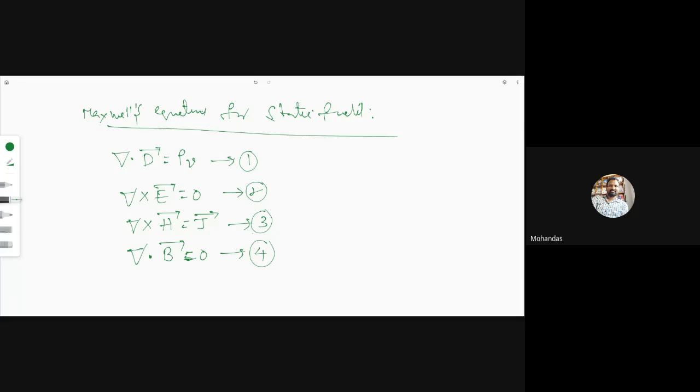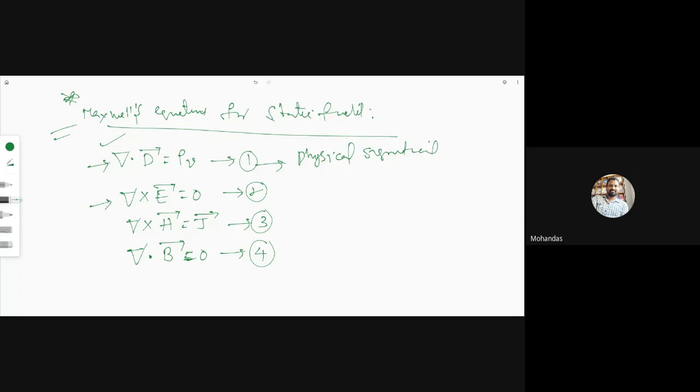This is the fourth Maxwell equation. A very important question in examination: write the Maxwell equations and explain their physical significance. The first is related to the Gauss divergence theorem.